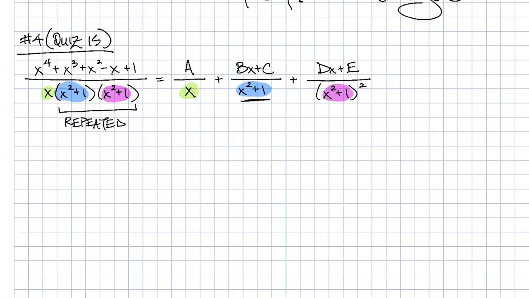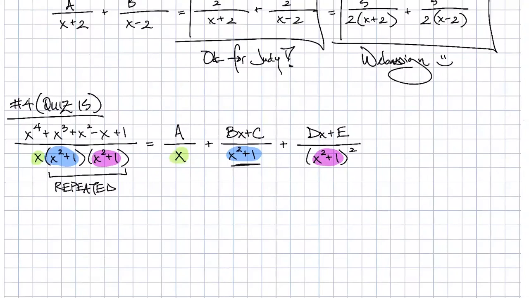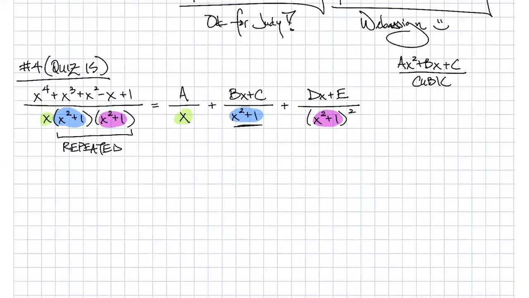Because if we had a cubic and we couldn't factor it, then we would have a quadratic on the top. That happens sometimes. So sometimes you'll see a cubic on the bottom, and then you would need an ax squared plus bx plus c on the top. That's quadratic, which is 1 degree less. The pattern still holds. We're not going to take it that far, but that pattern does hold.